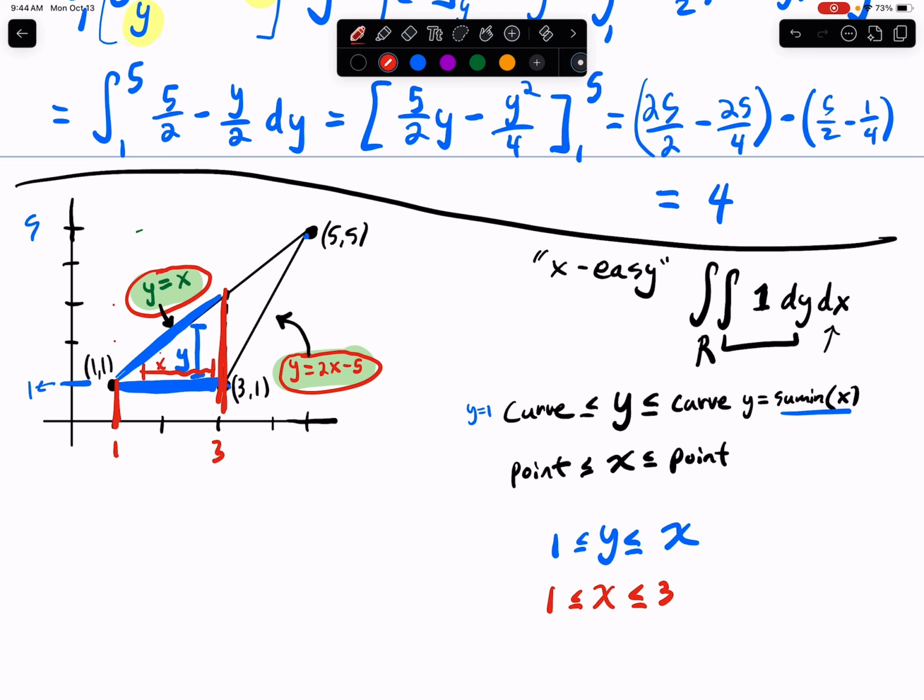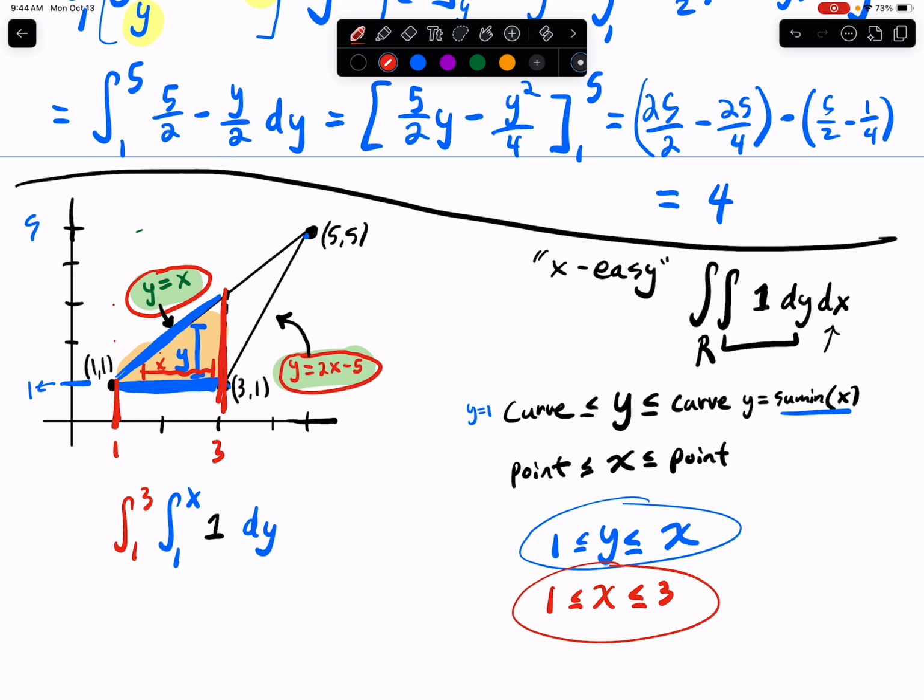To get the area of this region, I do the integral from 1 to 3, and then from 1 to x of 1 dy, and then I add up all the x's between 1 and 3 right there. Okay? So that's the first part.